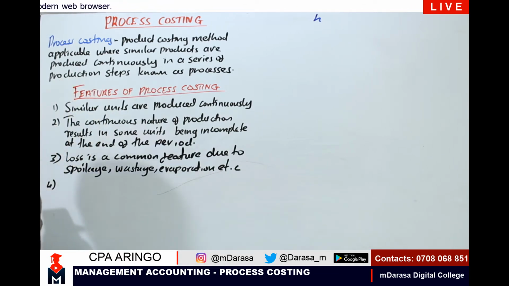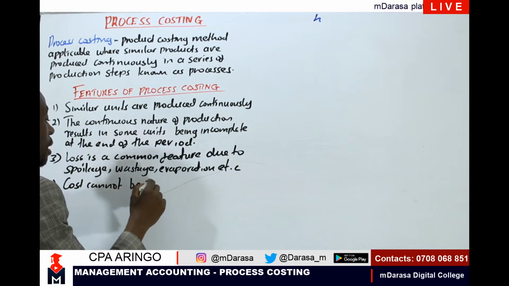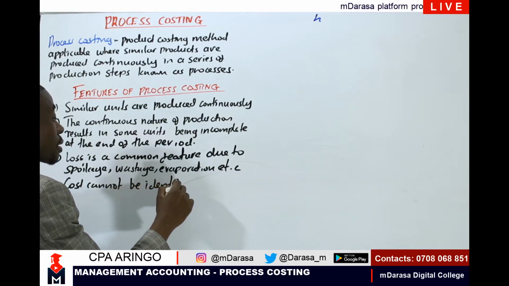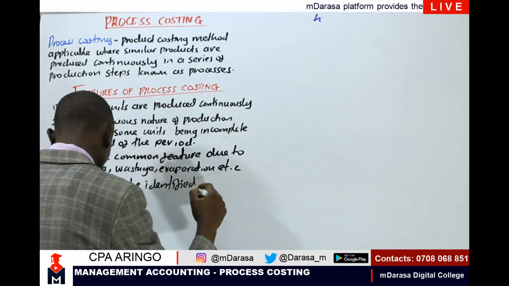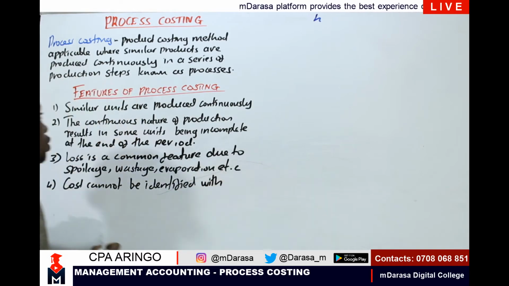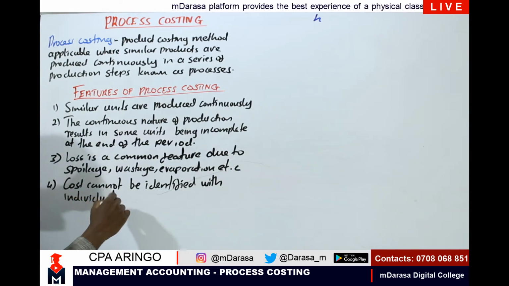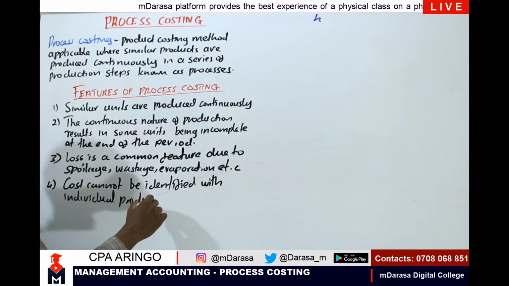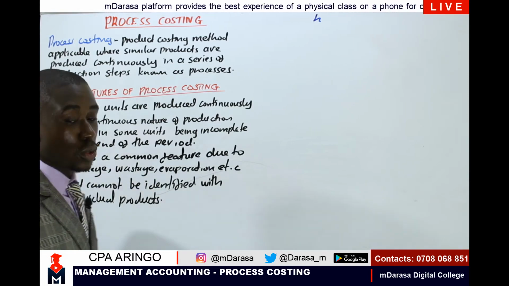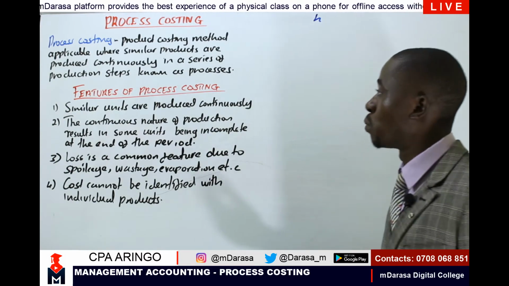We normally talk of costs cannot be identified with individual products. So these are very key features when it comes to process costing.